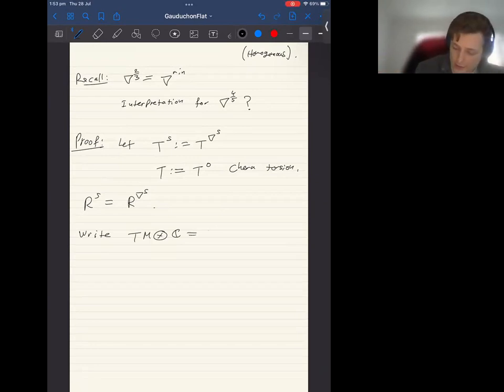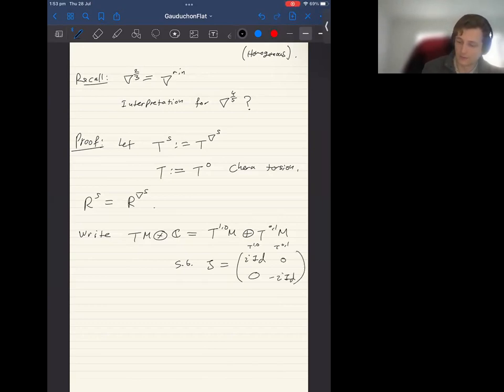We decompose this into two sub-bundles, the plus i and minus i eigenbundles of J. So J on T^{1,0} is plus i, and J on T^{0,1} is minus i.